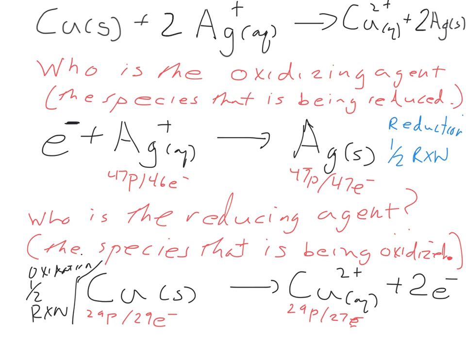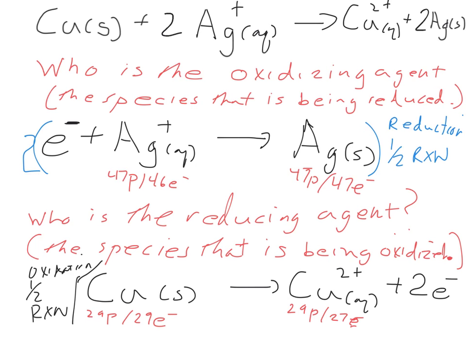I have to have something to take those 2 electrons. Each silver only takes 1 electron. So if I'm to dispose of 2 electrons, I need this half reaction to occur twice. If I don't have that reaction occurring twice, then I have a homeless electron.